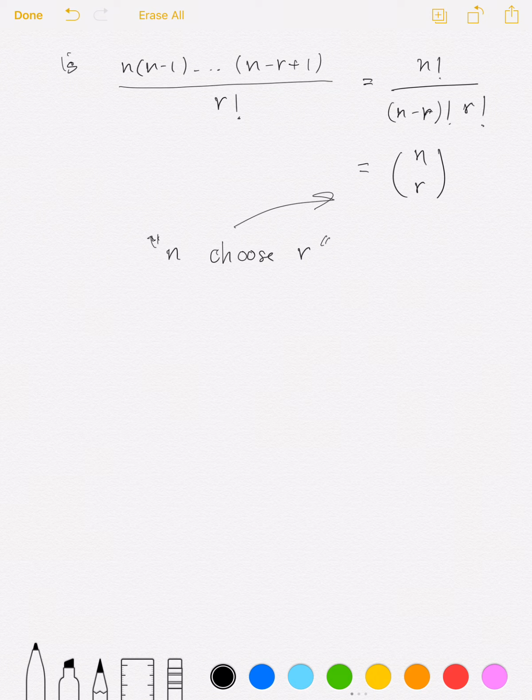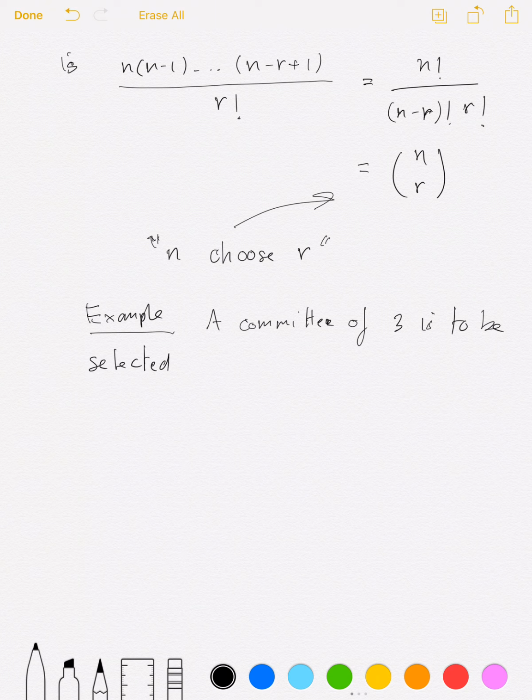More examples, all right. You want to choose, let's say, a committee of 3 to be selected from 20 people.